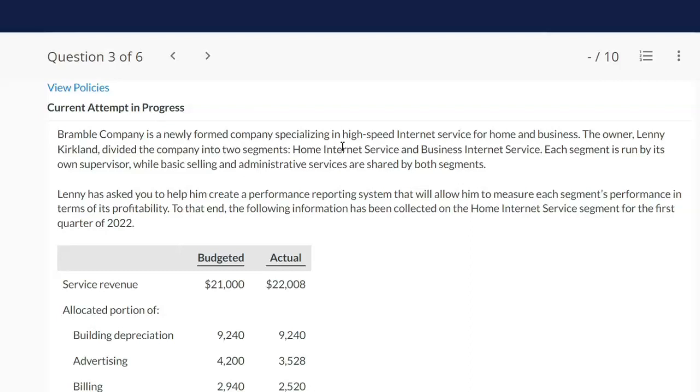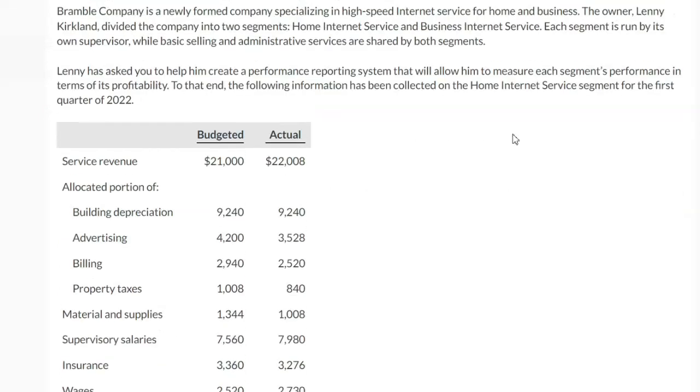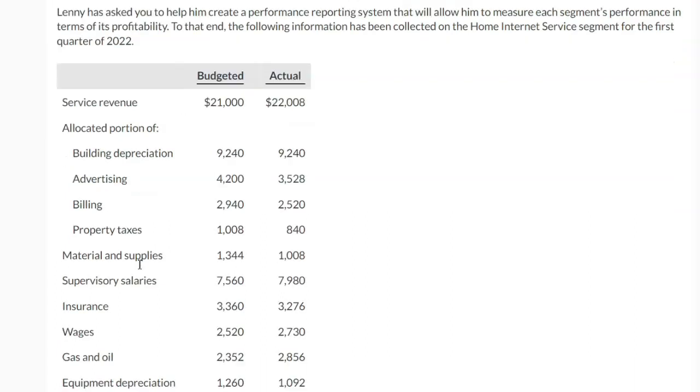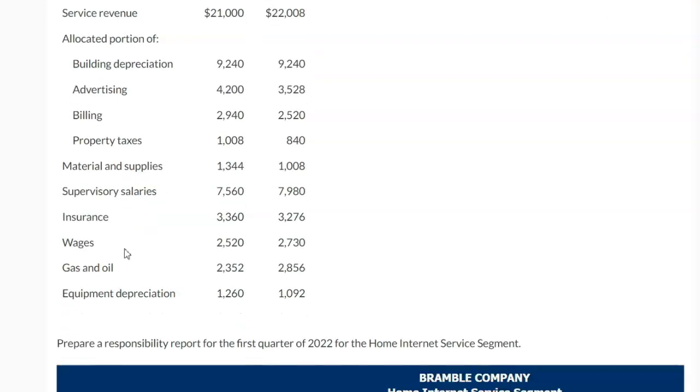So this information is only provided for home internet. There is service revenue, budgeted versus actual, allocation portion of building depreciation, advertising, billing, property tax, material and supplies, supervisory sales, insurance, wages, gas and oil, and equipment depreciation.